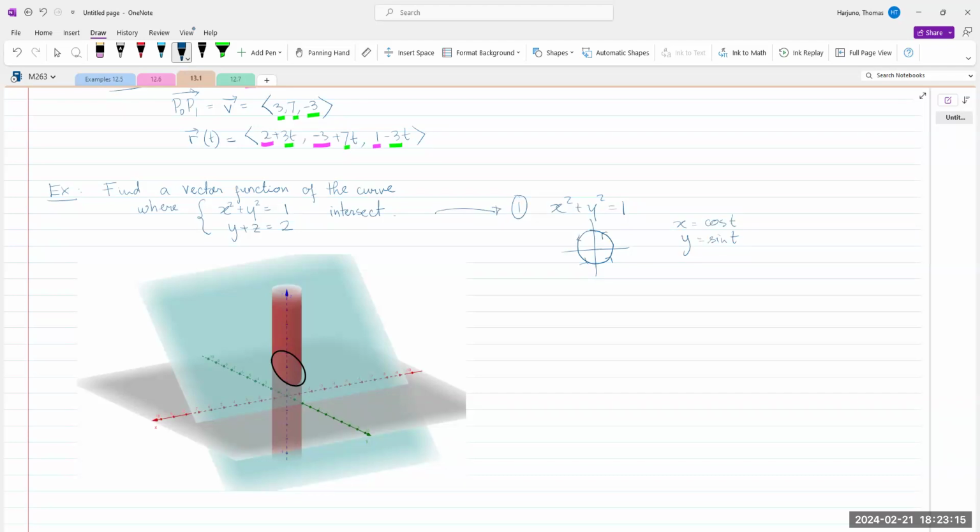Okay, now in the second equation, we have y plus z equals to 2. Therefore, z is equal to 2 minus y, which if I borrow from there, my z is 2 minus sine t. Now, our vector function is (cosine t, sine t, 2 minus sine t).